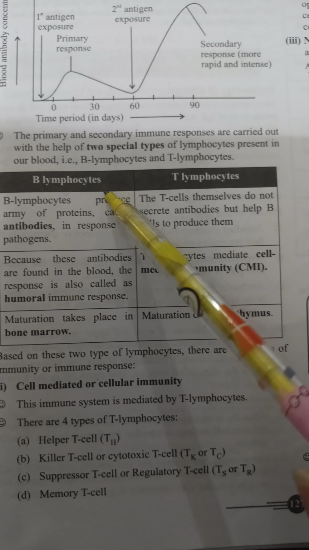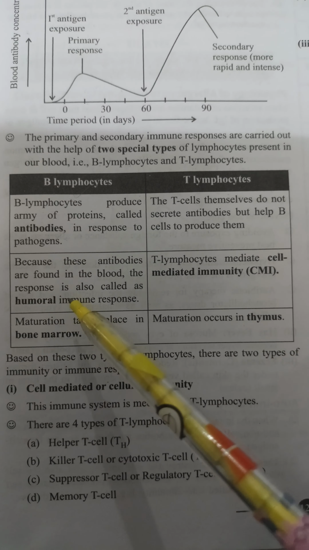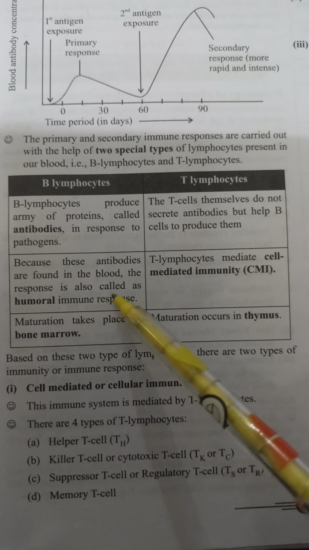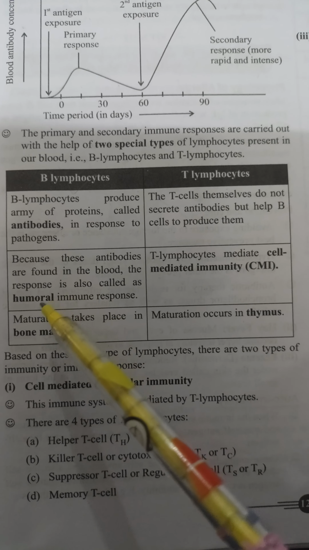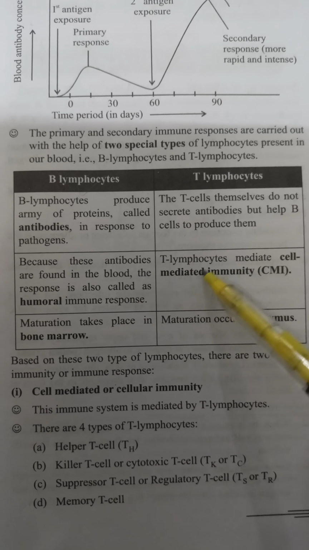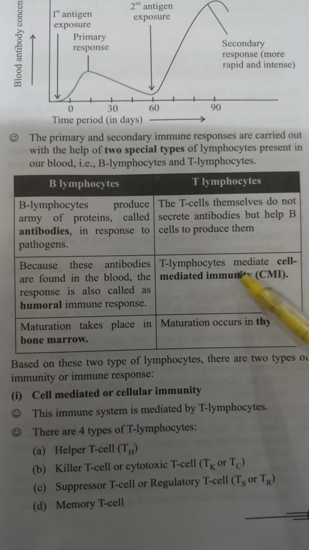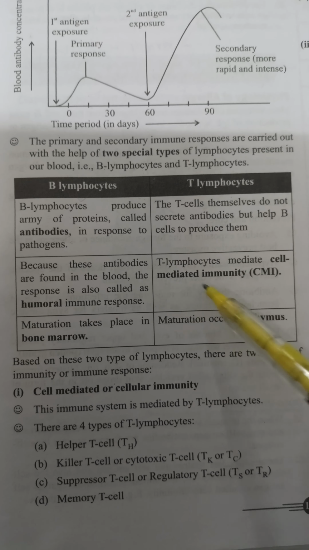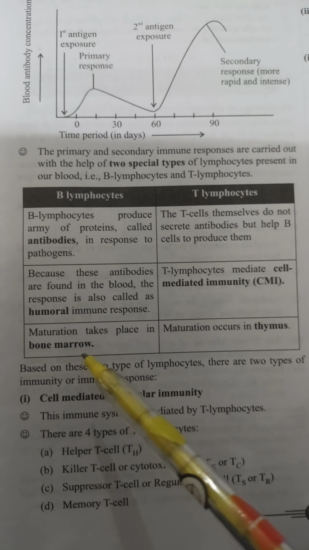The antibody produced by the B lymphocytes is present in the blood, so this is also called the humoral immune response. T lymphocytes are found in the cell, so it is called the cell mediated immune response.